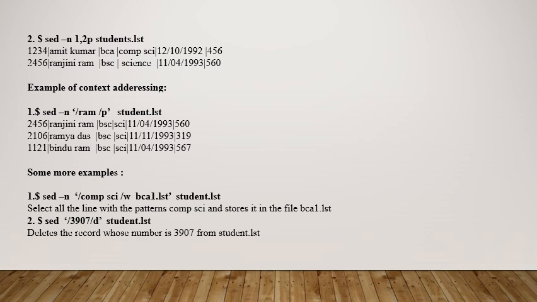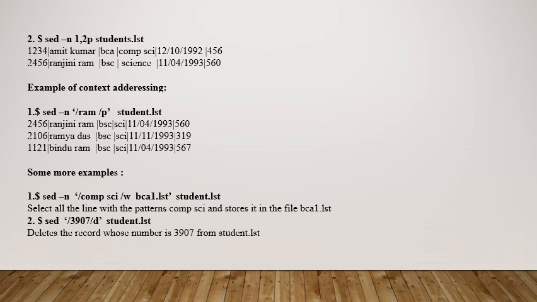The other command searches the pattern 3907, and d stands for delete. So it deletes the record whose number is 3907 from student.list.